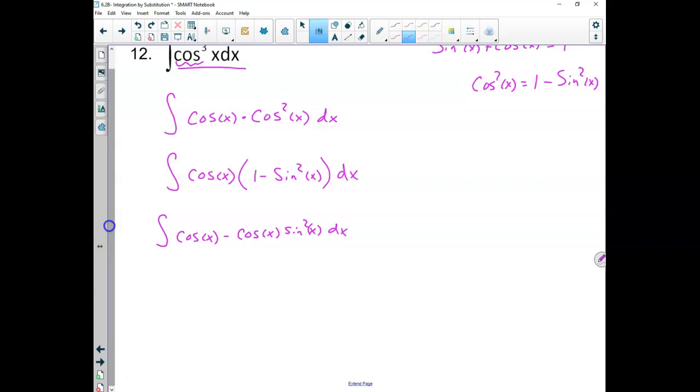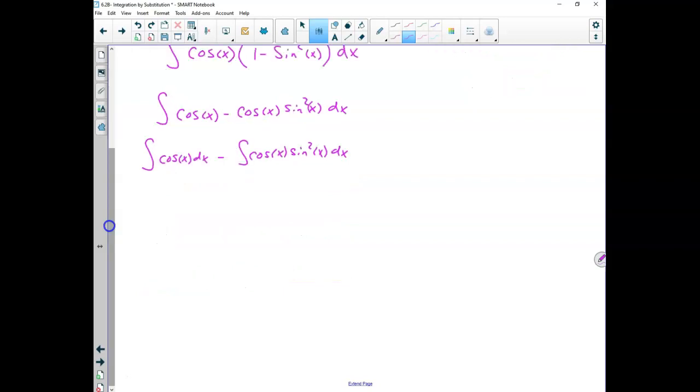And then I could break this up using my properties of integrals: the integral of a cosine x dx minus the integral of a cosine x sine squared x dx, because I know the antiderivative of this first one.